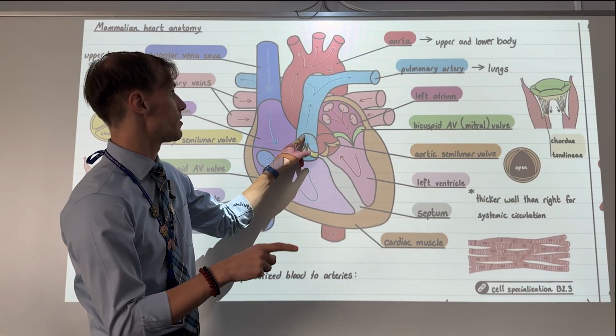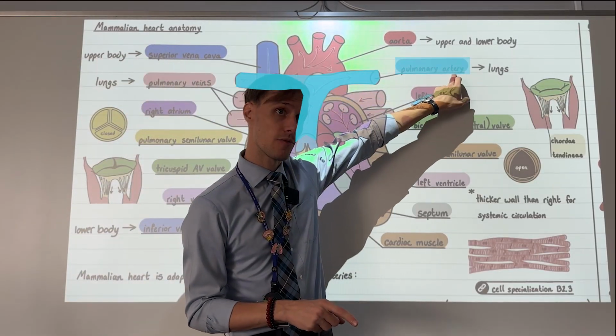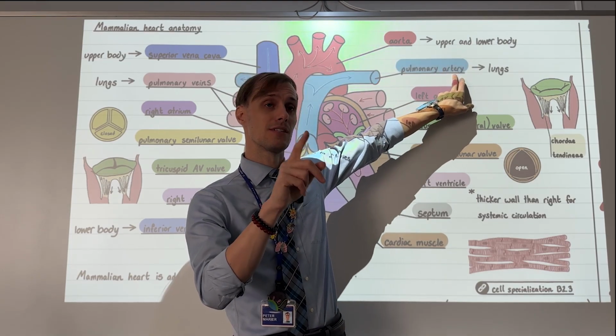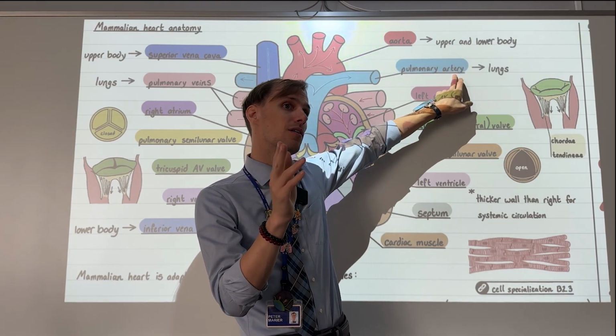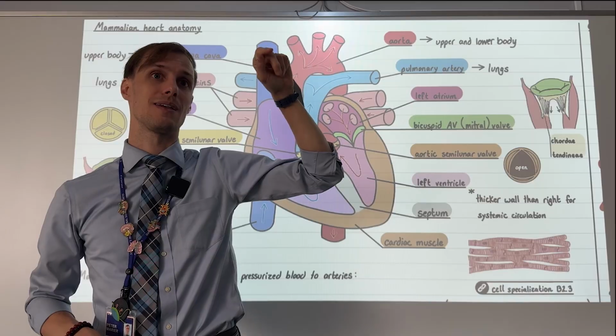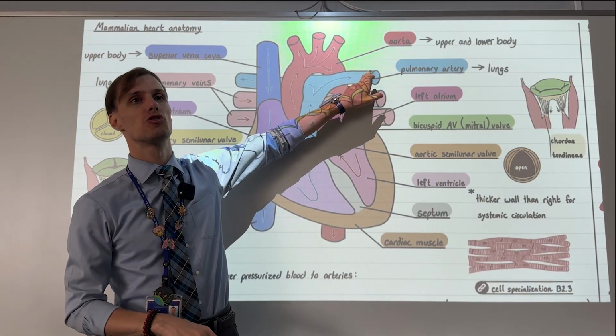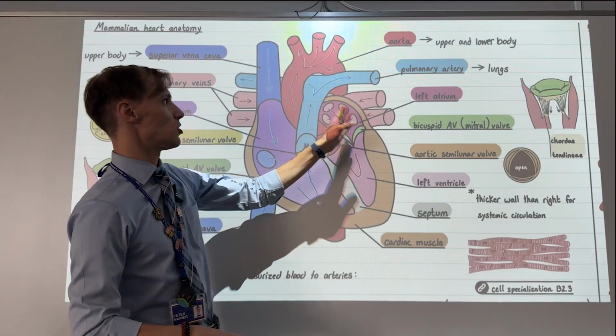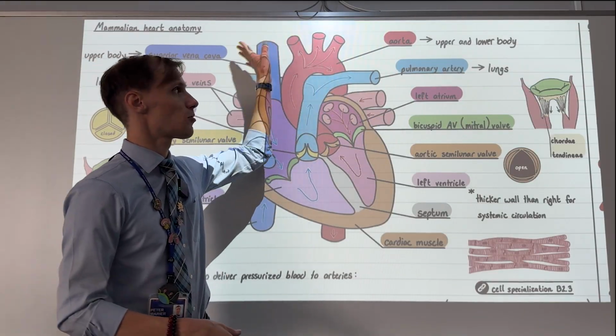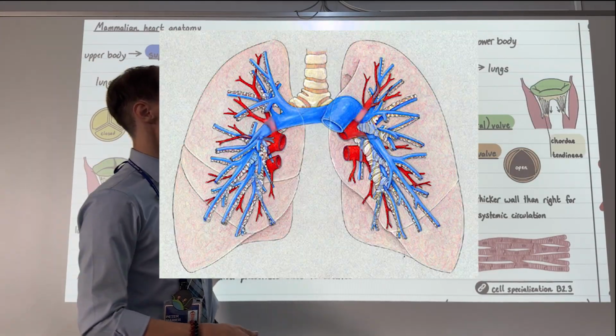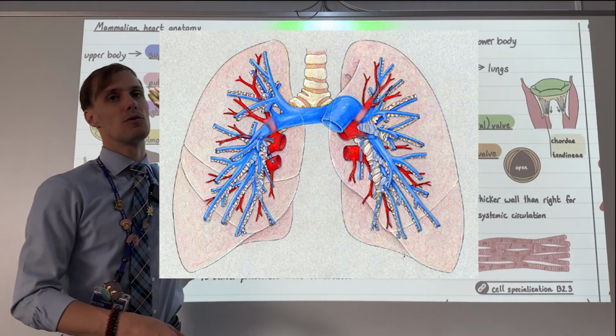So this would be called the pulmonary arteries. Now notice, this is a really weird exception here. Pulmonary arteries are carrying deoxygenated blood because they're transferring it to the lungs to become oxygenated. So you have, of course, the left and the right pulmonary artery because that's sending it to the left lung and the right lung.